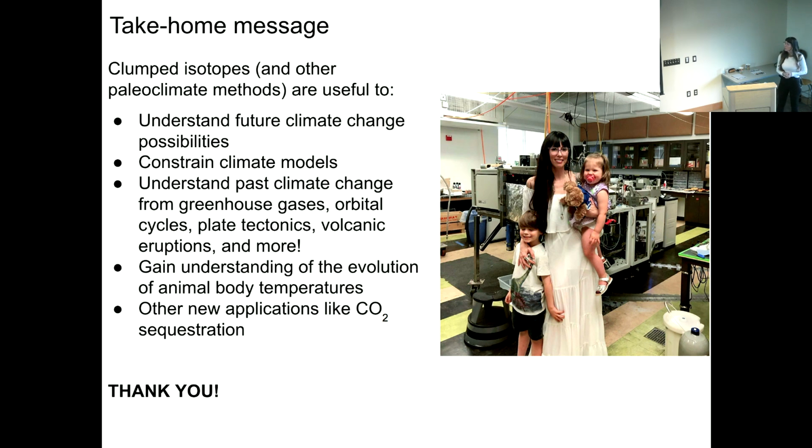They can help us understand the way that our climate has changed in the past from all sorts of things like tectonic activity, volcanoes, and more. And they can help us understand things like how body temperatures have changed with evolution. And then there's all sorts of other exciting applications like how we can understand CO2 sequestration and mineral formation.